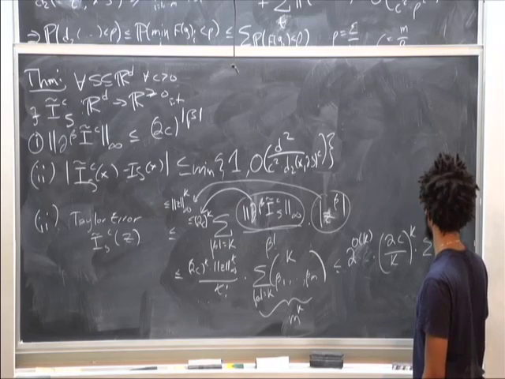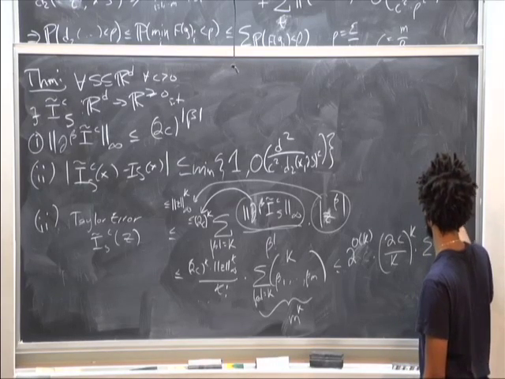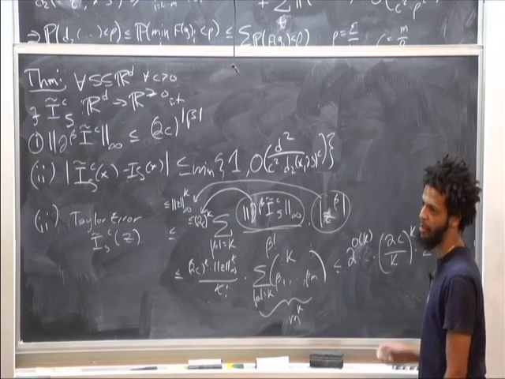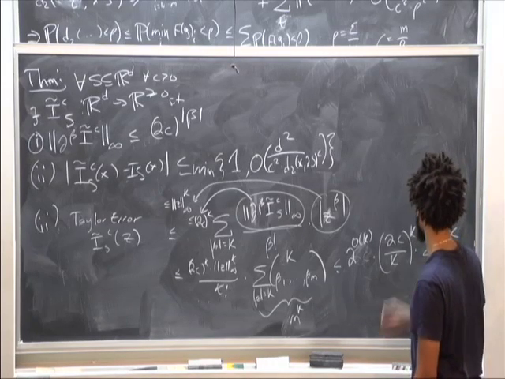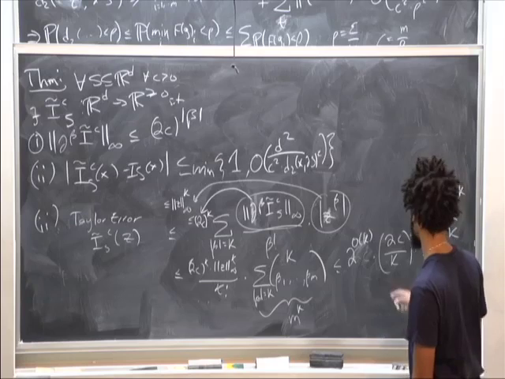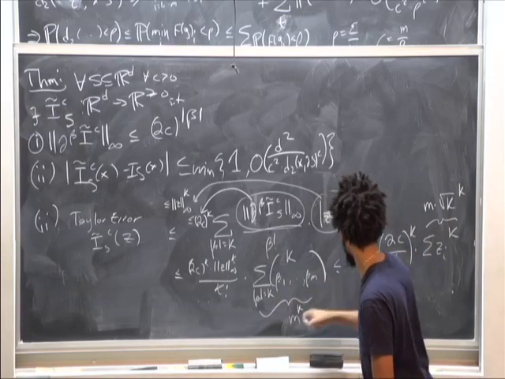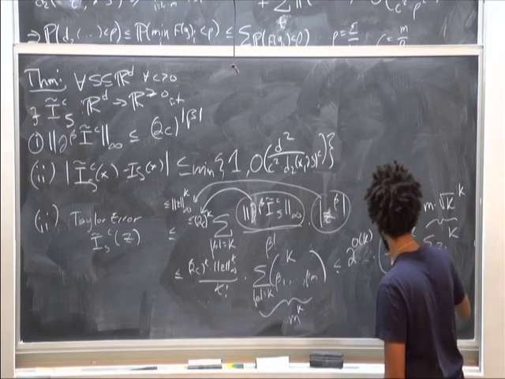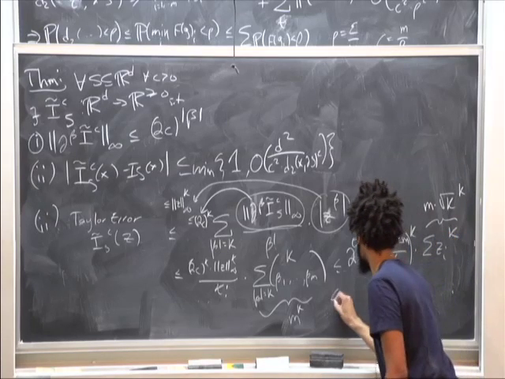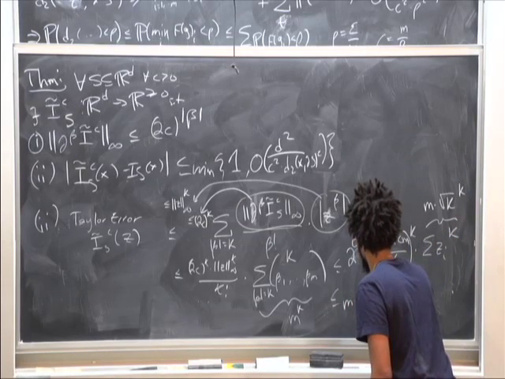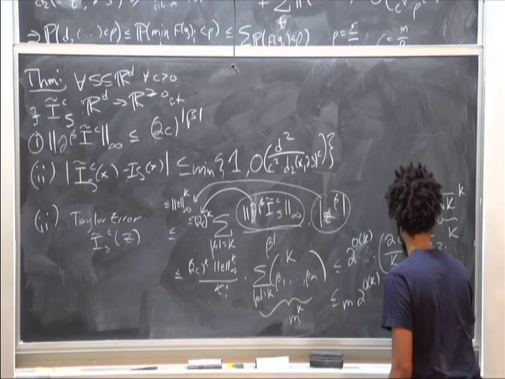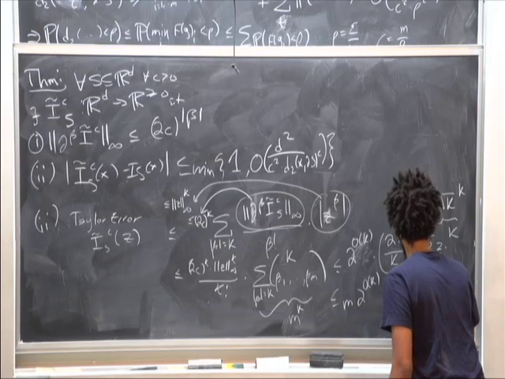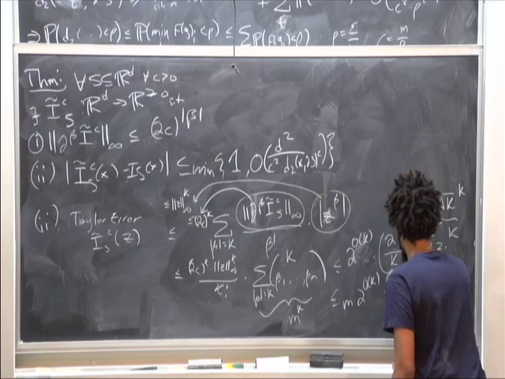Its kth moment is at most root k to the k, and there are m of them. Oh, and there's an m to the k. I forgot to write that. So this thing is at most m times 2 to the o of k times 2cm over root k to the k.